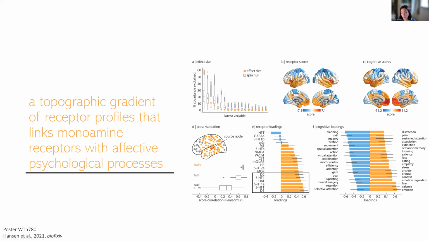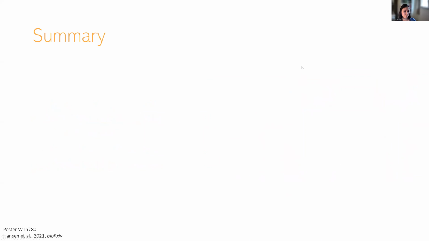And that the cognitive terms or the cognitive processes that are aligned with these receptors tend to be related to emotion processing. So things like emotion, valence, fear, emotion regulation. So we're really finding a link between these mood-related receptors, emotion processing, and that follows this topographic distribution that I'm showing here in panel B and C.